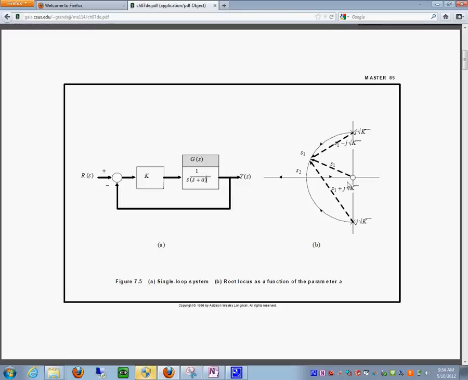So you have this plot, and then as you vary k, you could find out where this plot will intersect this axis.